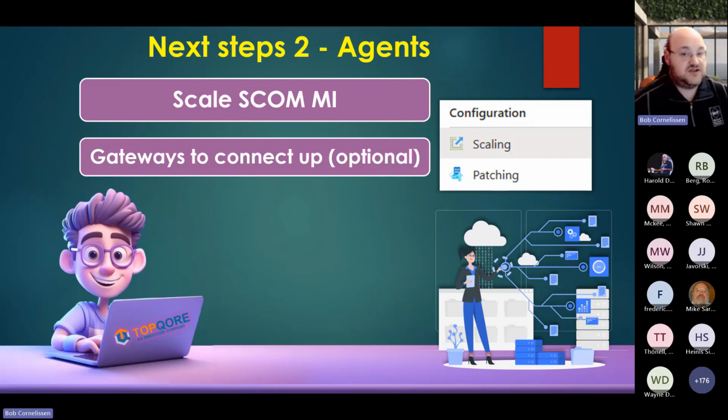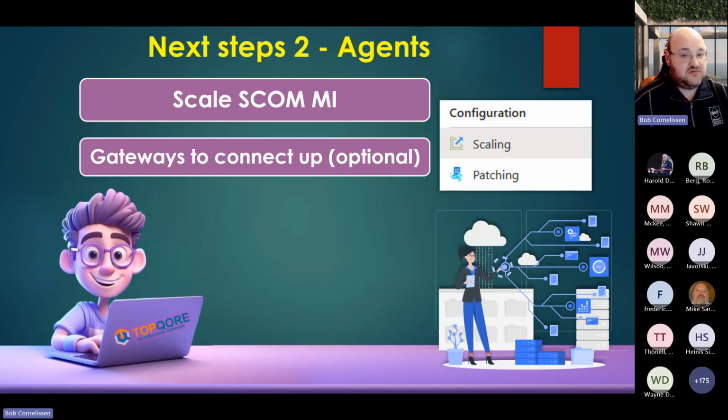We can use gateways to help in the communication between agents and the management server if we need that. The gateway story will be slightly adjusted from what we formerly are used to. The team is working on the gateway story in SCOM MI, and we hope to do some testing with them in the coming days and weeks in order to figure out how we can best work with that.